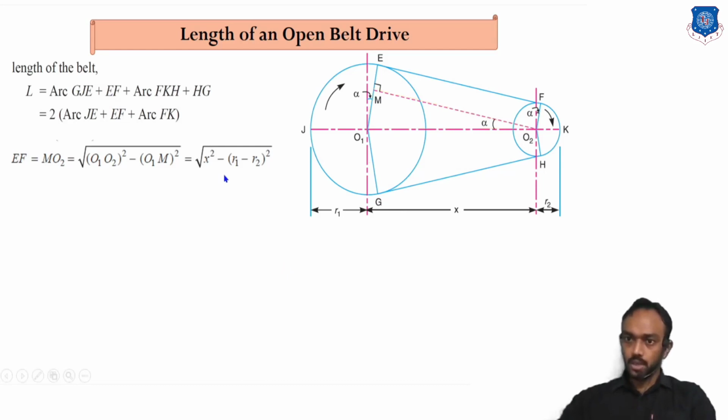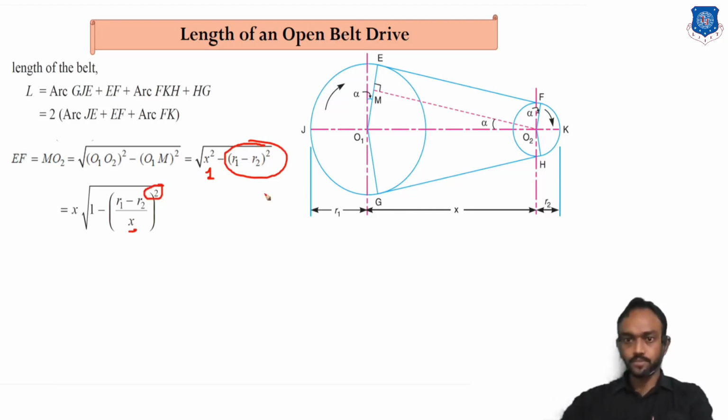Okay, from this you can take x square common. When I take x square common, it will become 1 here, but here no x is there, so it will become R1 minus R2 by x whole square. Okay, this equation I can write as 1 minus R1 minus R2 by x total square.